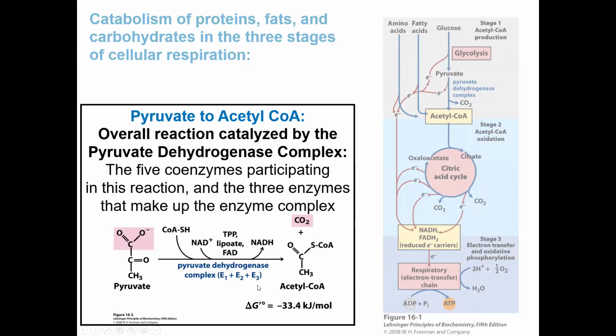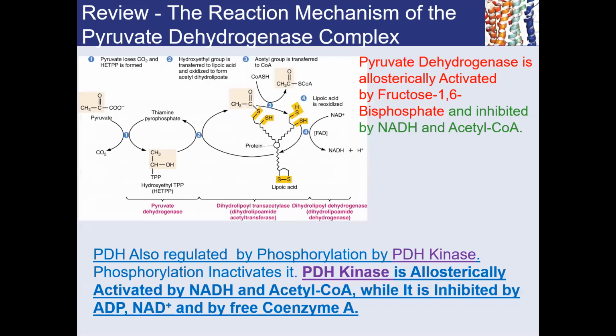Okay, and that reaction is highly exergonic, even under cellular conditions. Okay, and the standard free energy is given, which is minus 33.4 kilojoule per mole. And so we will quickly review this, because this actually is a little bit complicated. So I thought I will go over that one more time.